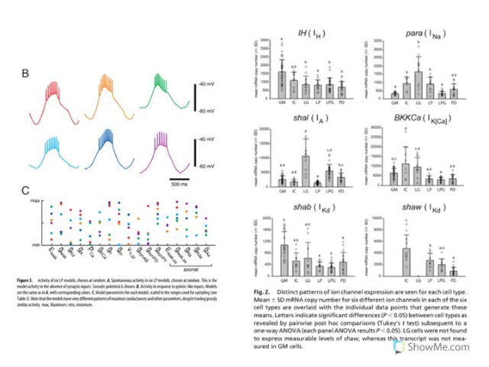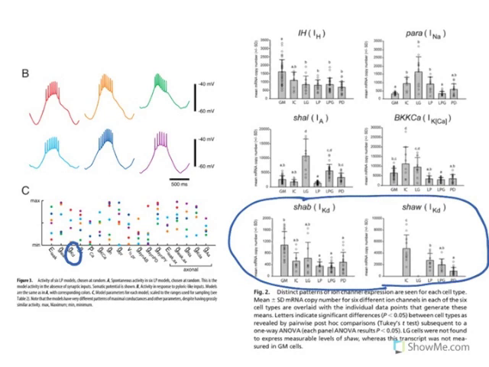In fact, direct experimental measurements of cell parameters show substantial biological diversity, and this is what I'm showing on the right. This figure is from a different paper, which is trying to measure a lot of the parameters that were varied in this modeling paper down here. So for example, the maximal conductance of the delayed rectifier current is quantified in these two panels by measuring mRNA copy number.